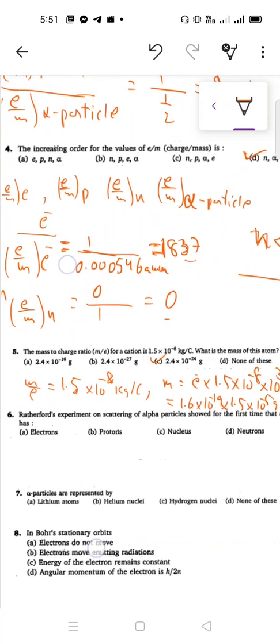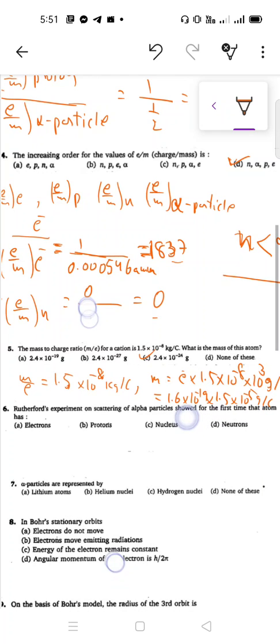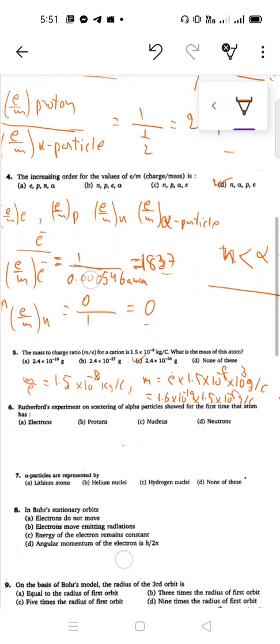Next one: Rutherford experiment on scattering of alpha particles showed for the first time that the atom has a nucleus.